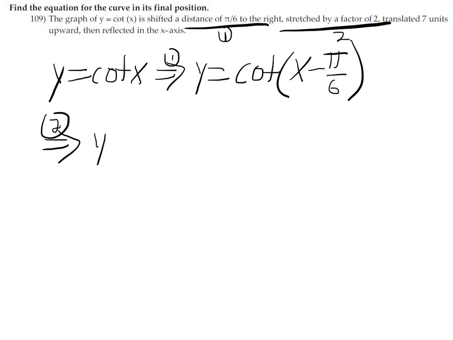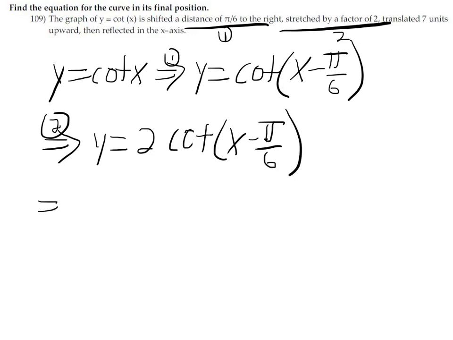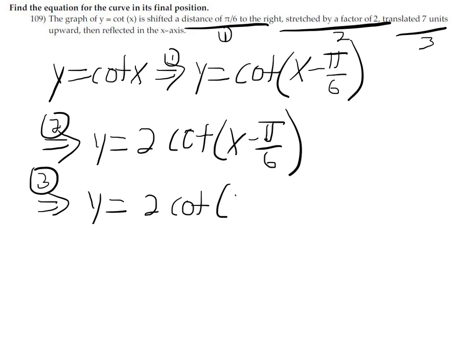That would be y equals 2 cotangent of x minus pi 6ths. Okay, the third thing we need to do, 7 units upwards, y equals 2 cotangent of x minus pi 6ths plus 7.